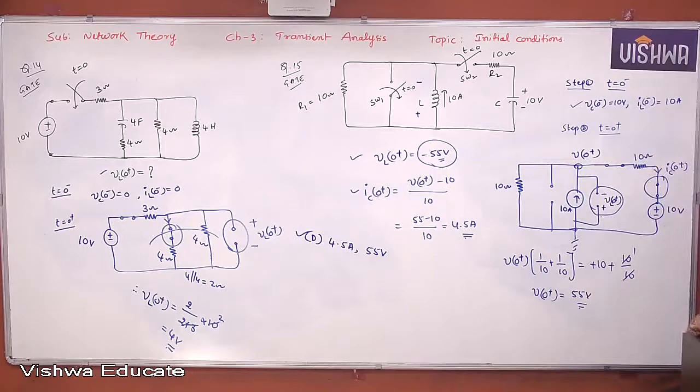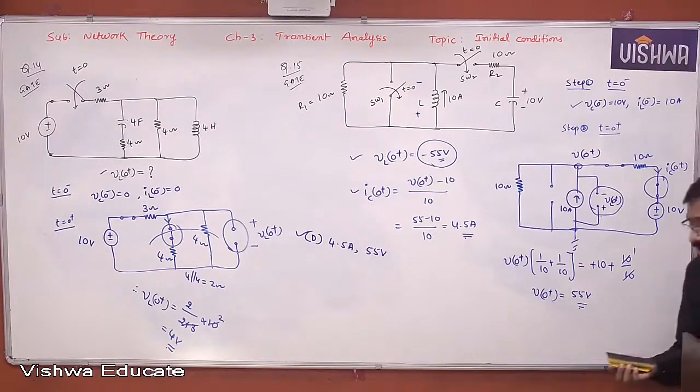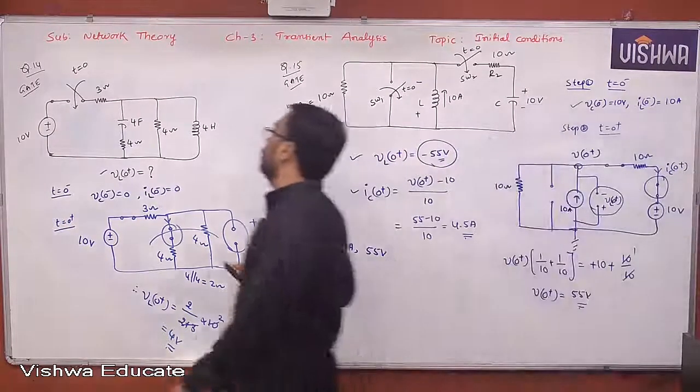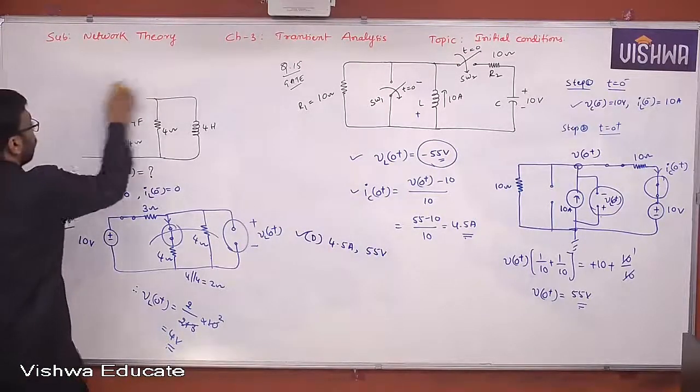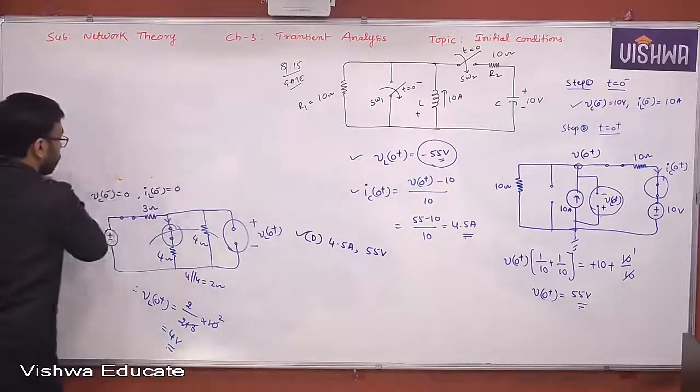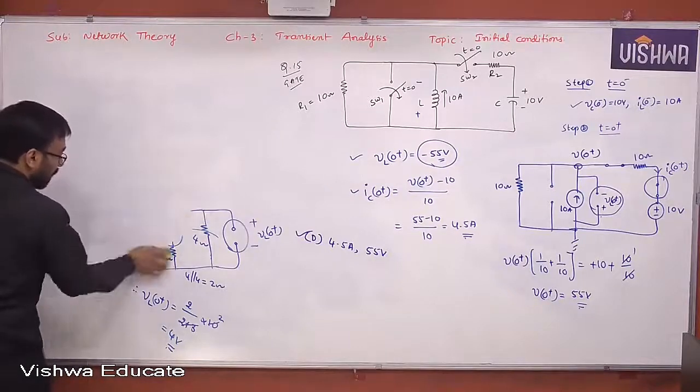This is how you need to construct, as I told you. You need to be expert in drawing the T equal to 0 plus equivalent circuit. Okay, all of you understand? Right? So just quickly complete that.